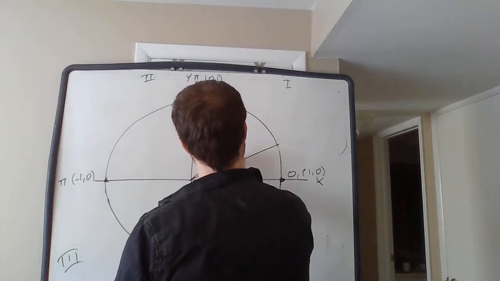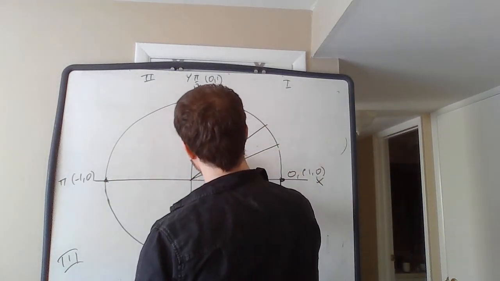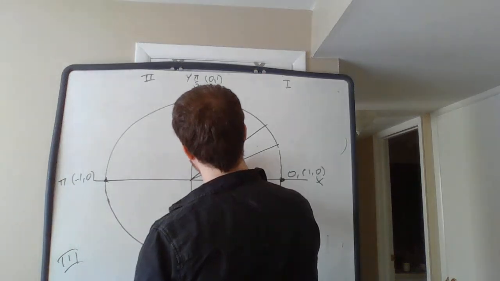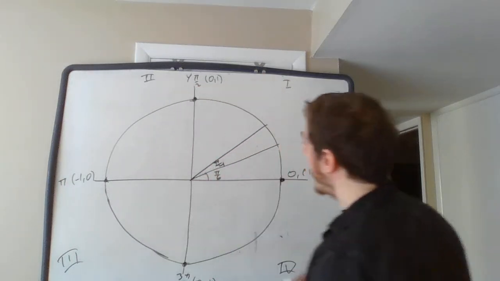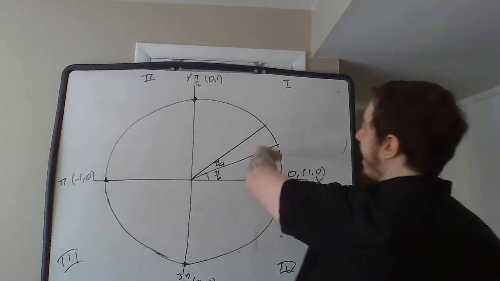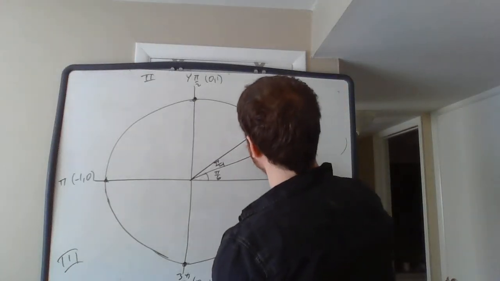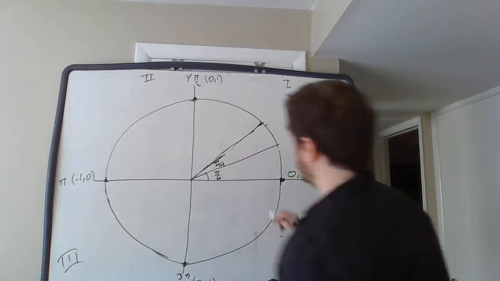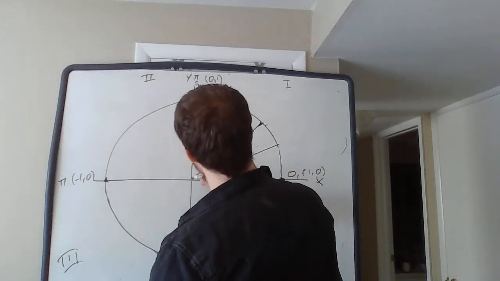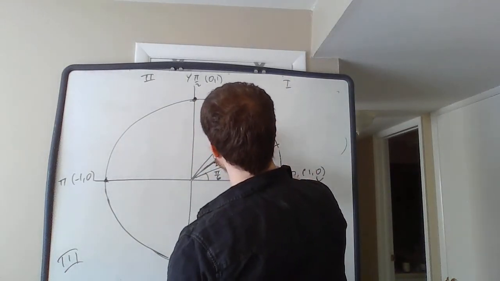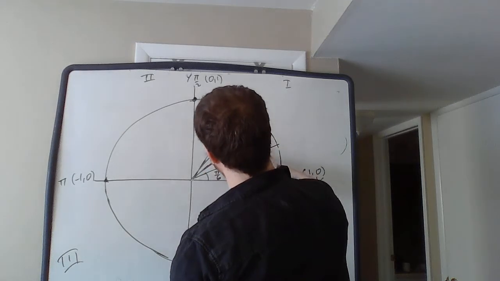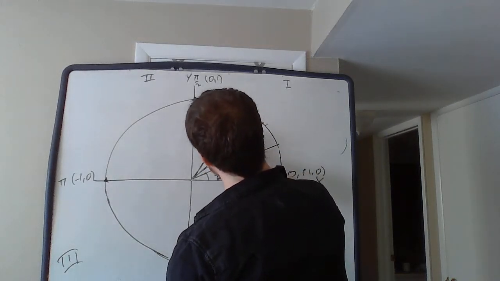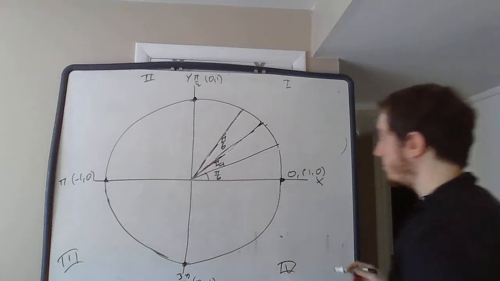We also found pi over 4. Pi over 4 is halfway through the first quadrant. Sorry, that was not really halfway through the first quadrant. Maybe that looks a little bit better. And then we have pi over 3, which should be about 2/3 of the way through the quadrant. So this is going to be our pi over 3 angle.